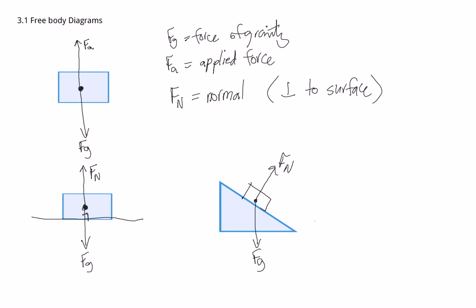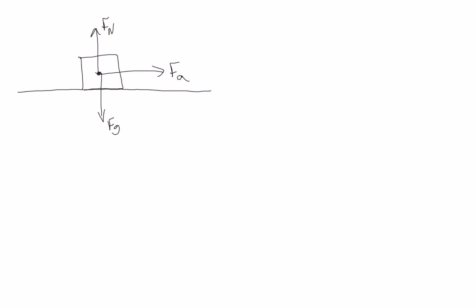A few other forces we have. We've talked about those basic ones. Let's suppose we have a box on the floor, with gravity pulling it down and the normal force acting upwards. Let's suppose we're going to push it to the right, so we have an applied force to the right.